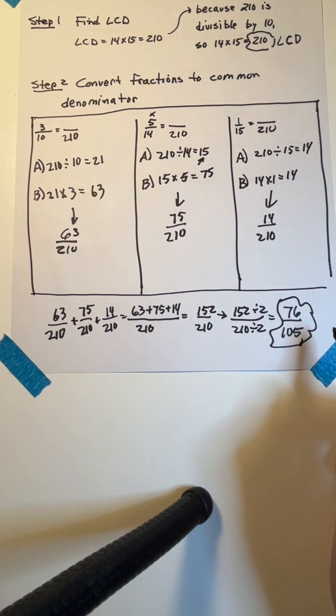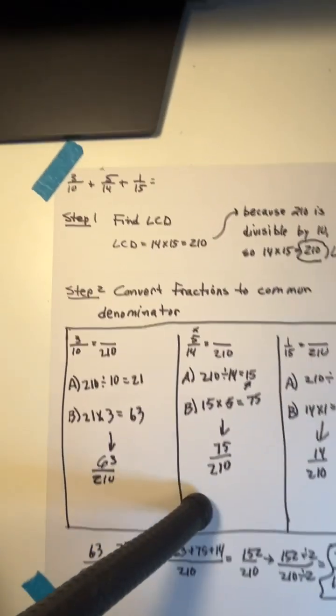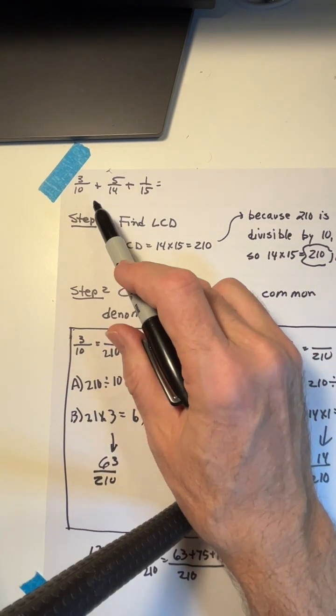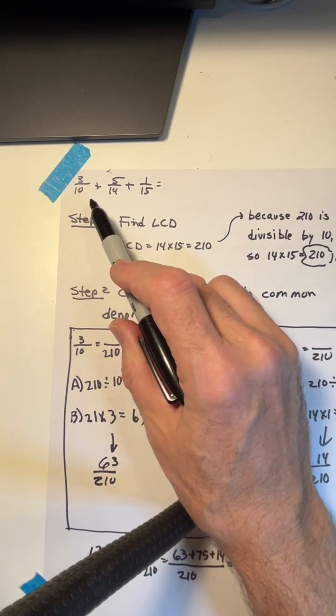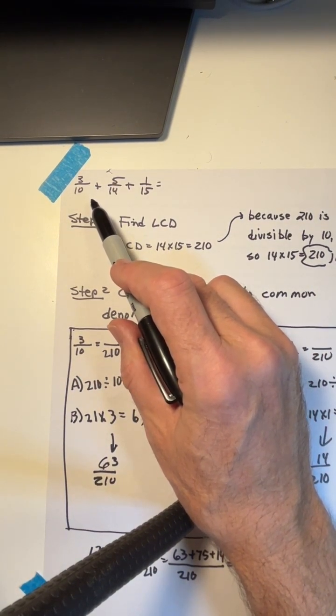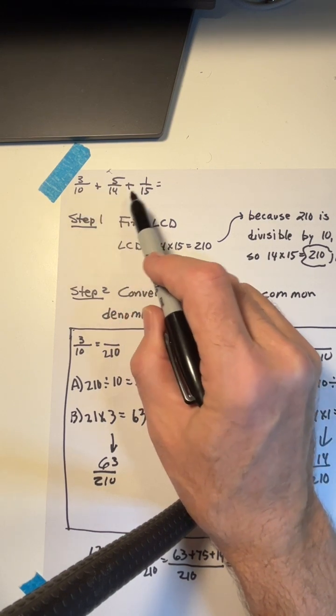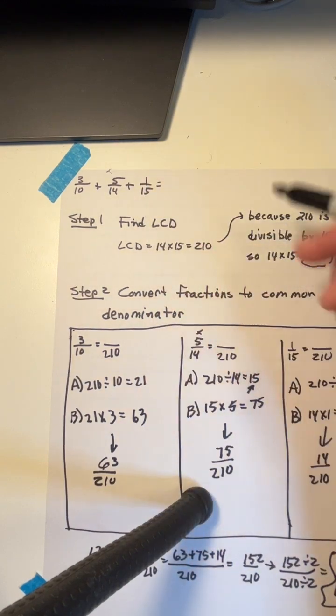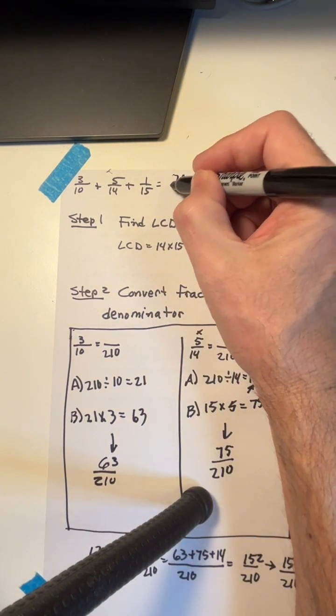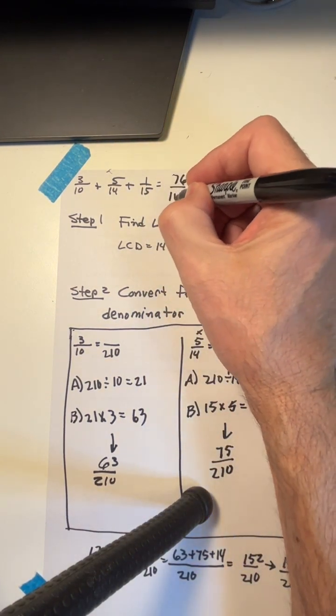Now what I did when I solved the problem is, and you can too, so check this out. I found a fraction calculator online, and just Google it, Google fraction calculator online. And I added these on a fraction calculator, and it gave me 76 over 105.